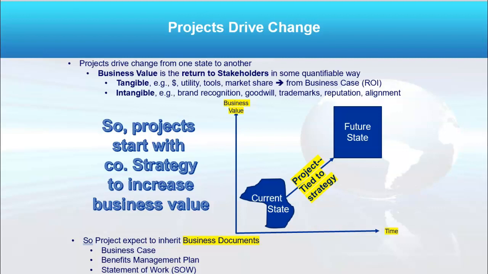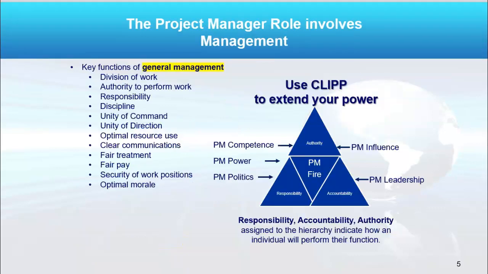What's the corporate strategy? It's also one of the reasons we want to make sure that we capture the business case and any benefits that the company wants out of it. And of course, if any statements of work have been predefined, right? As we modify our corporate objectives from the current state to the future state.